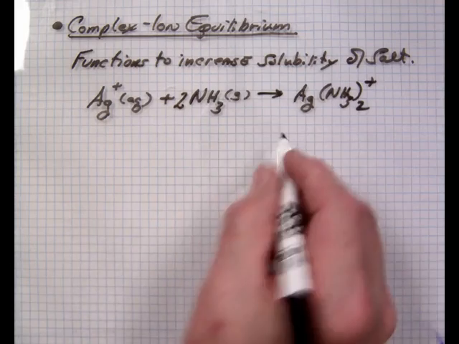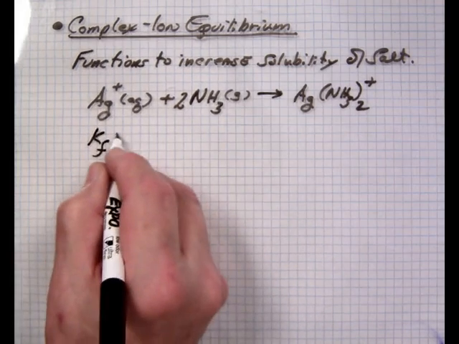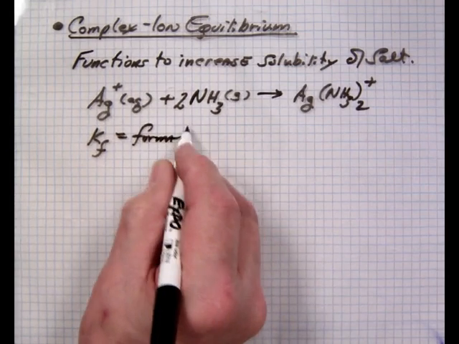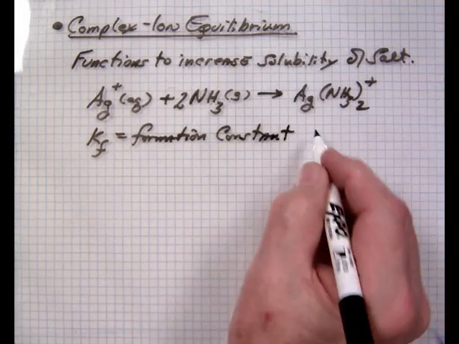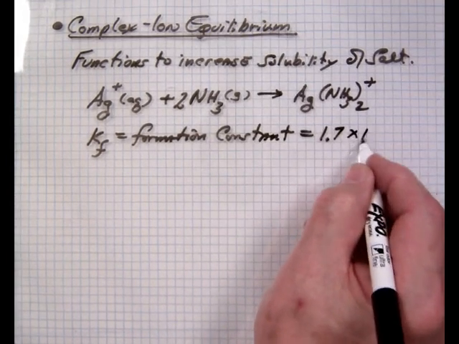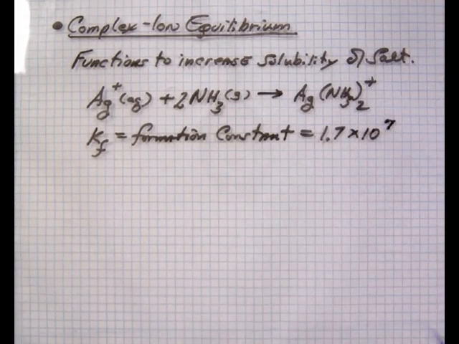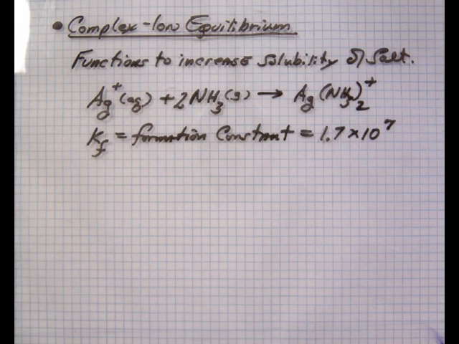and this has a formation constant of 1.7 times 10 to the +7. So something with a K value in the 10 to the +7 range would indicate that all of the silver exposed to ammonia would complex with the ammonia and be removed from the equilibrium.